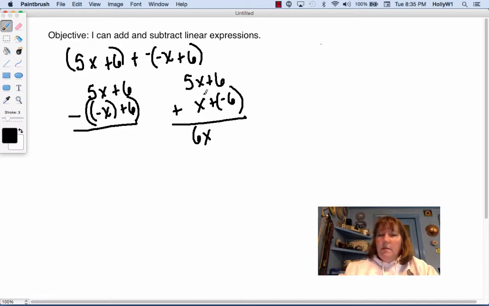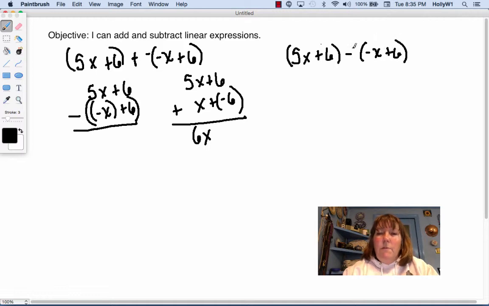We can also think about this linearly, which is the way I like to think about it when it's a subtraction problem. So if I have 5x plus 6, and I am subtracting negative x plus 6, for the past few days we've been using the distributive property with the negative sign in front.